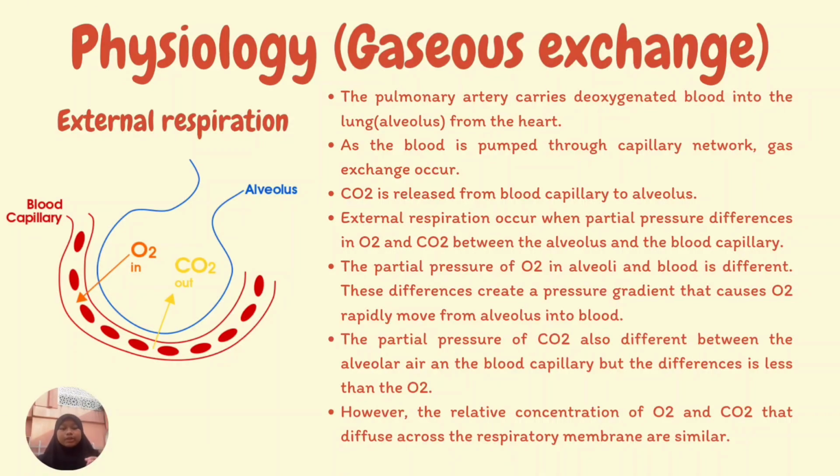The partial pressure differences in oxygen and carbon dioxide between the alveolus and the blood capillary trigger external respiration to occur. The partial pressure of oxygen in alveoli and blood is different, so this will create a pressure gradient that causes oxygen to rapidly move from the alveolus into the blood.